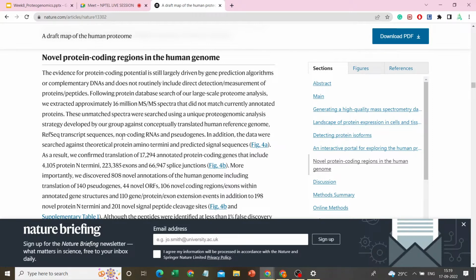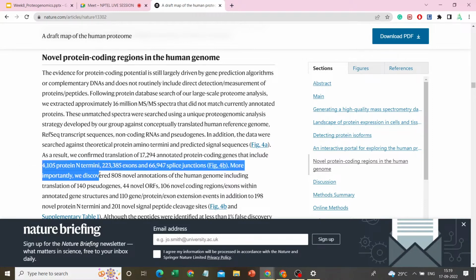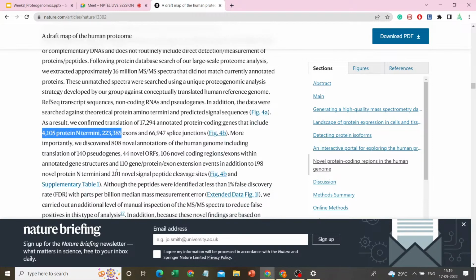And how they did it was that if the RefSeq transcript sequence is there, non-coding RNAs and pseudogenes, they translated it in silico and then searched against the theoretical protein amino termini and predicted signal sequences, and they could identify other exons, splice junctions, as well as novel protein coding regions.